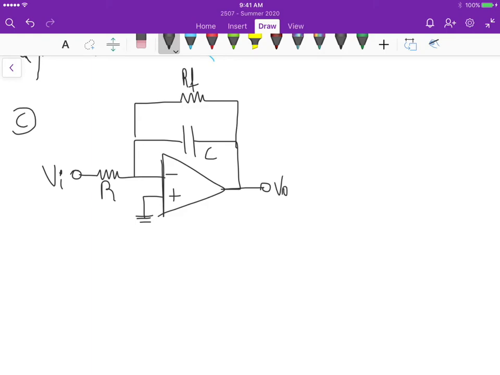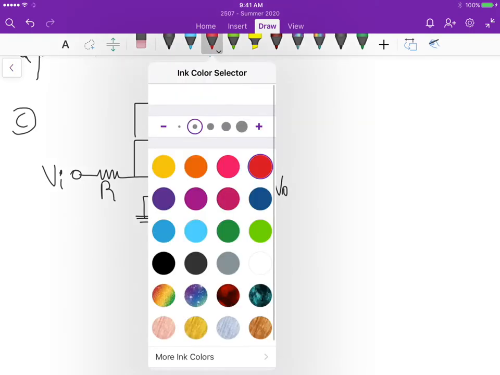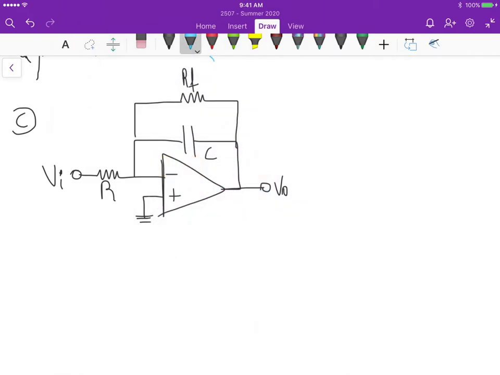Now, so how do we limit the DC gain, right? Because if we now analyze the circuit here, let's do a quick analysis. First, we know that V plus, so this voltage here, is equal to 0 volts, which implies that the voltage here at this node, V minus, is also equal to 0, right?